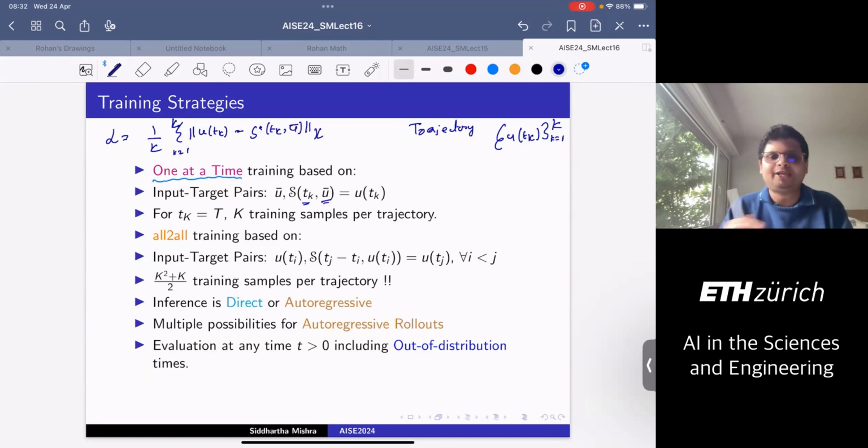Remember that in space, we are assuming that these are functions, right? Of course, we have to discretize them further in space, but in principle, the neural operator is able to deal with spatial inputs which are continuous, right? So you have properties to take care of that. So what do I do here? Let me try to explain that. I look at all these times tk, and this is the loss at the sample i.